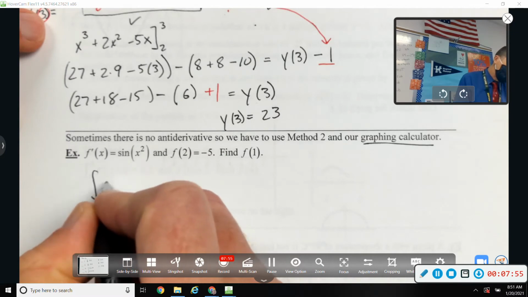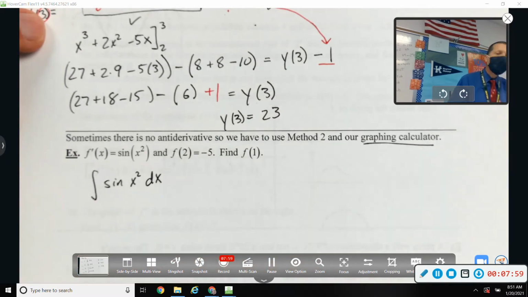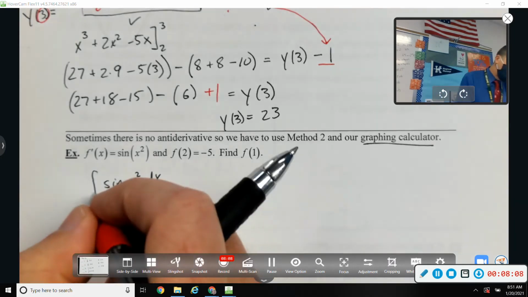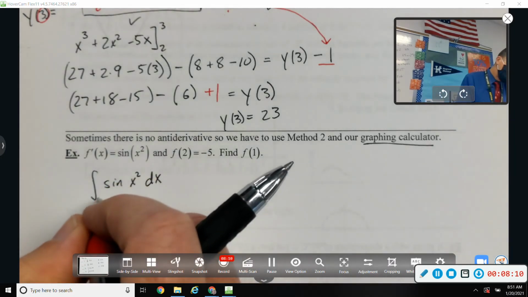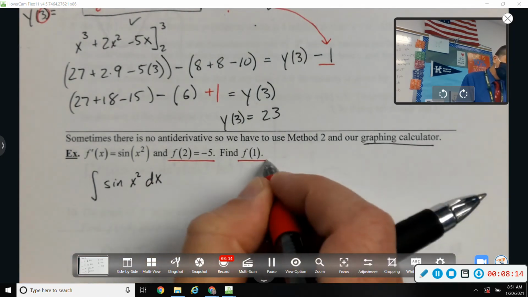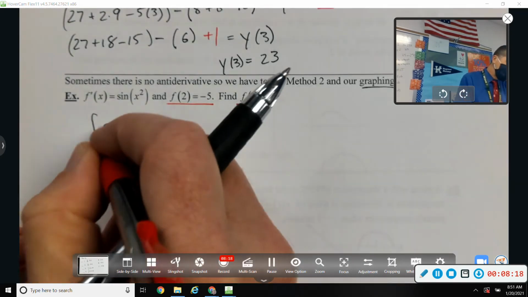We want to integrate sine of x squared, even though we don't know how. What should our limits be? What x value should we use? Well, look at what we have and what we're looking for. So let's go 1 to 2.